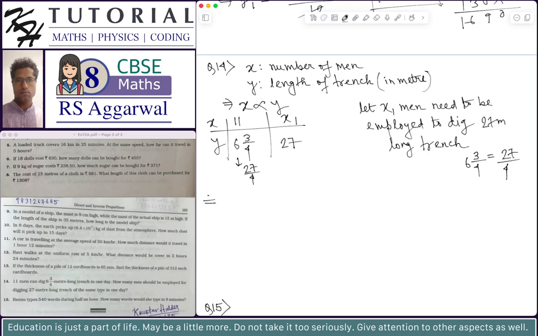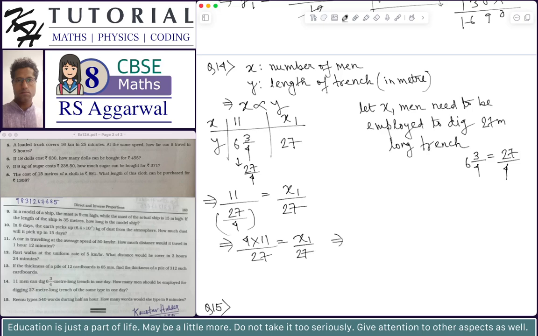So now we can say, based on the concept that if two quantities X and Y are in direct variation, then the ratio of their corresponding values is constant, that 11 divided by 27 by 4 should be equal to X1 divided by 27. After simplifying this, we have 4 multiplied by 11 divided by 27 is equal to X1 by 27.